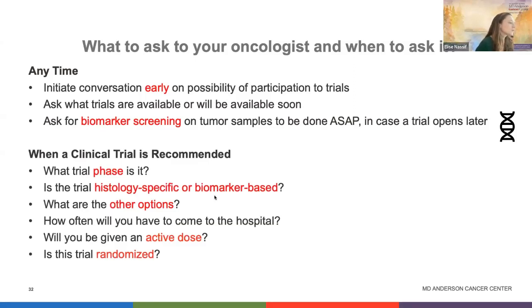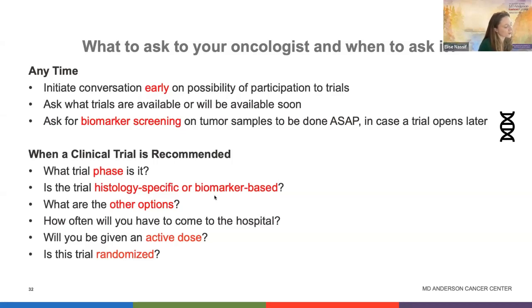So when you are recommended to participate in a clinical trial, do ask what phase of the clinical trial it is. Ask if it's a histology-specific or a biomarker-based clinical trial, as those usually have higher response rate. Do ask if there is a standard of care option, and this is something that should usually be presented to you at the same time that you're presented with a clinical trial: what are the other options, and is there another option?